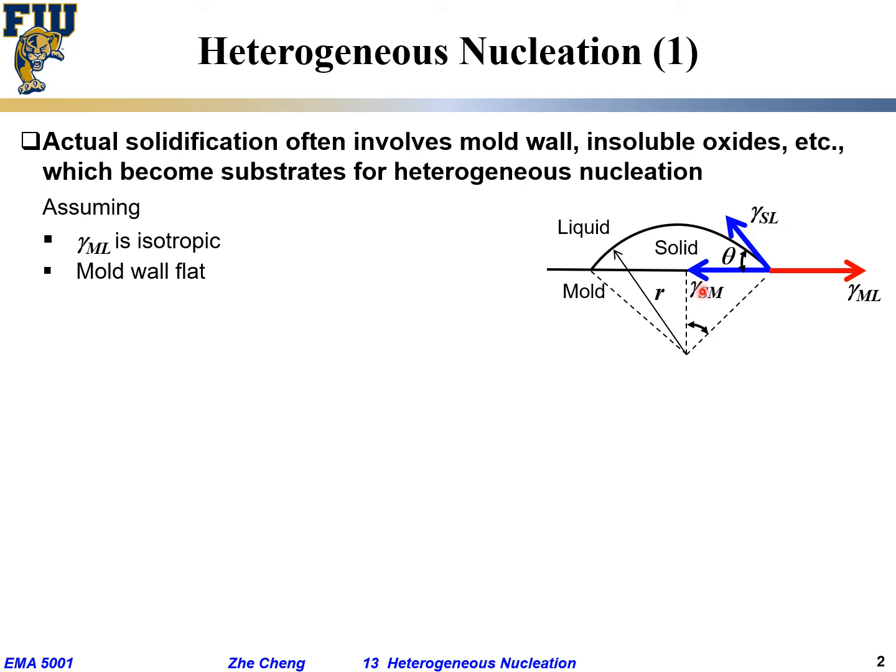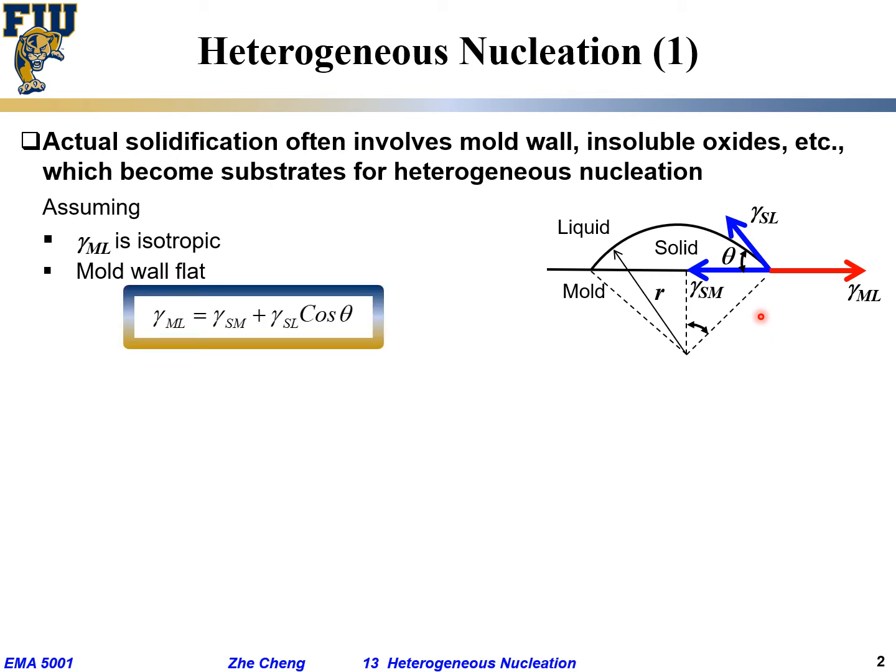The other one is SM, S for solid, M for mold, your substrate. Between your solid and the mold is also trying to shrink the other way. Make sense? It's also trying to contract. So we would have a local force balance, let's say under a local steady state or equilibrium condition. Do you see mathematically we would have this relationship, right?